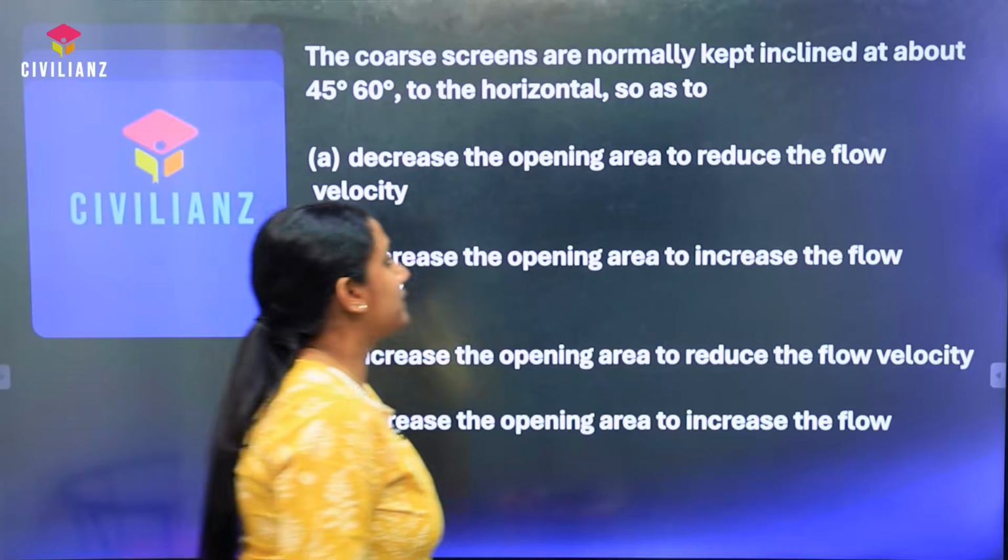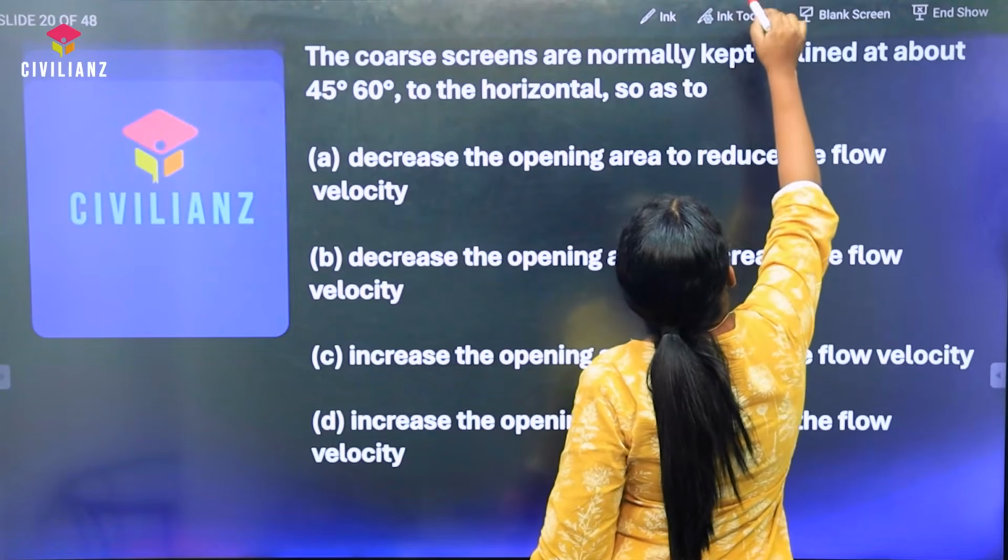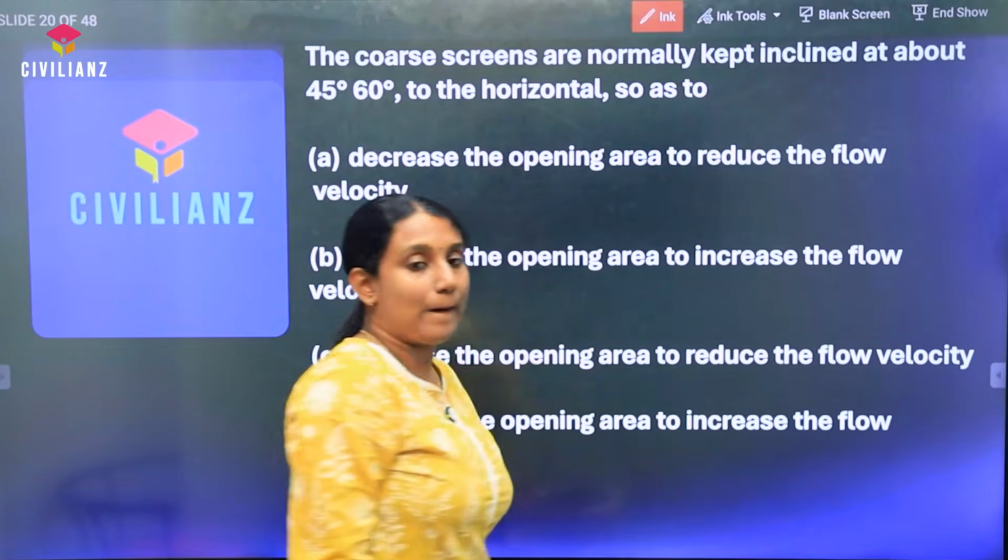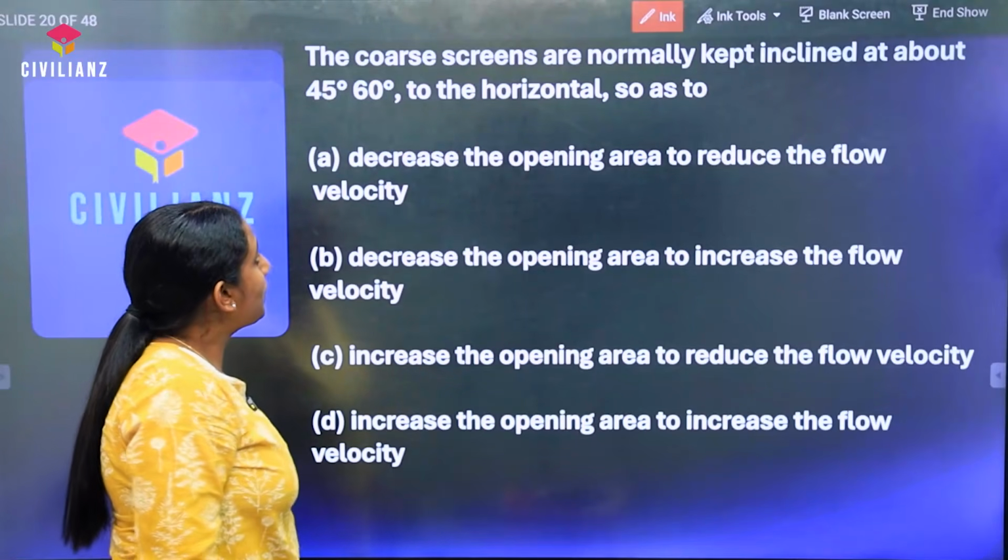So which one is correct? Please comment.